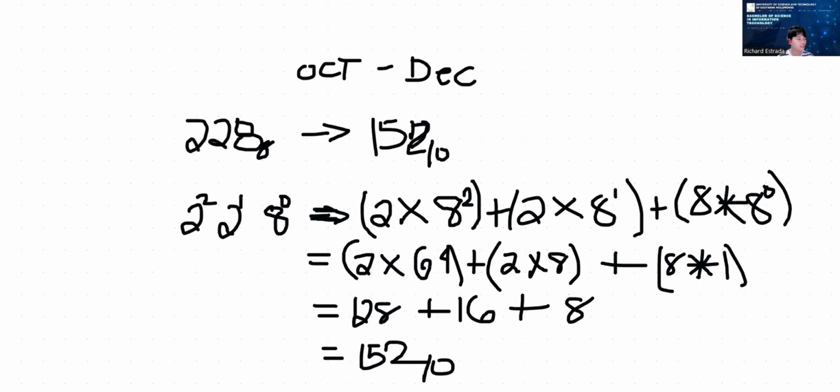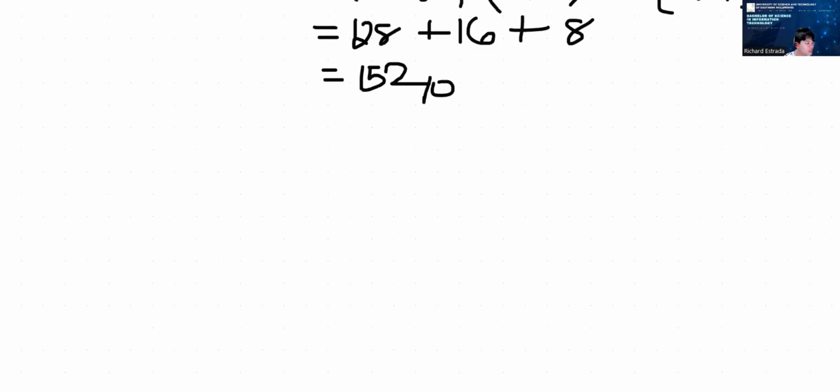Okay, another example. Let us say we have 567 octal, and we convert it to decimal. So positions 0, 1, 2.